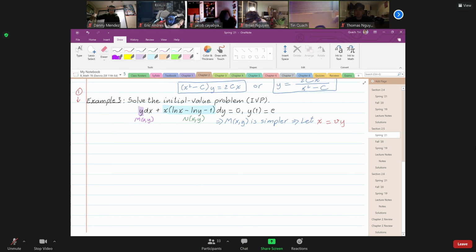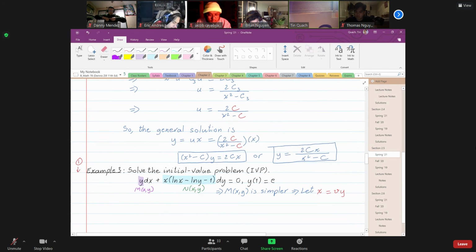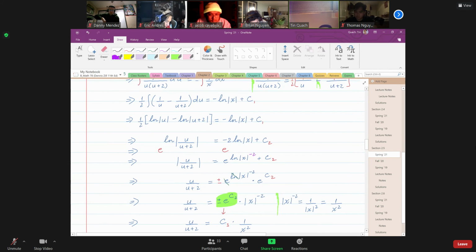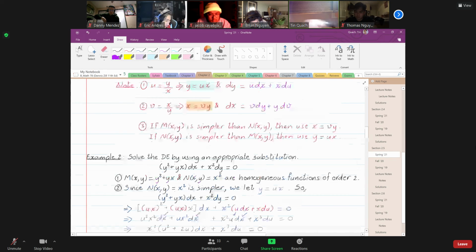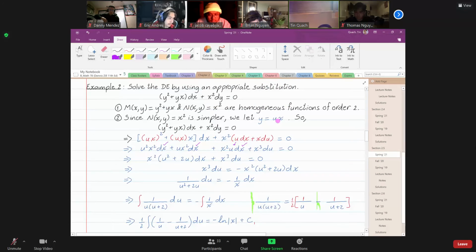So from here on, what do we want to find? You made this substitution for this example. So what was our objective? Just u. To find the u, right?